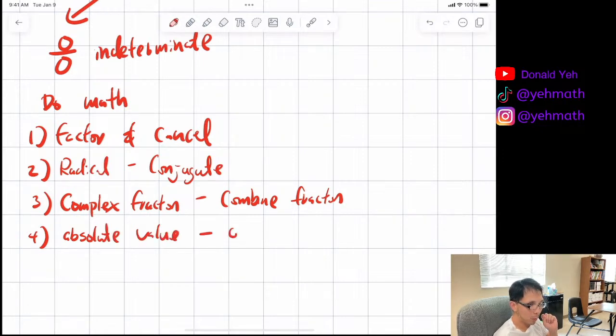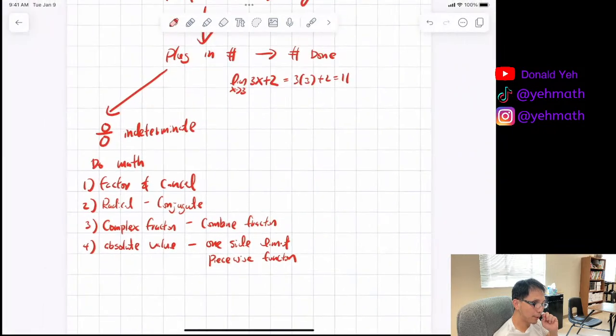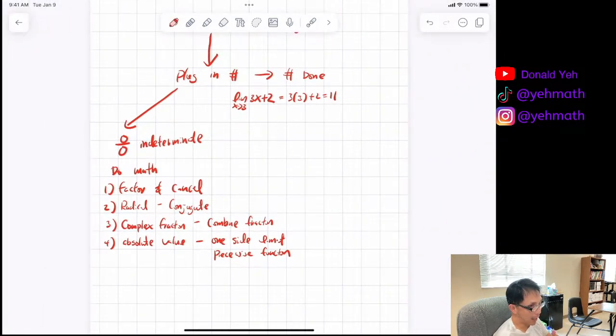And you have to think about one-sided limits and the piecewise function. Okay, so you might think about those things here. So you're going to have these possible things here.